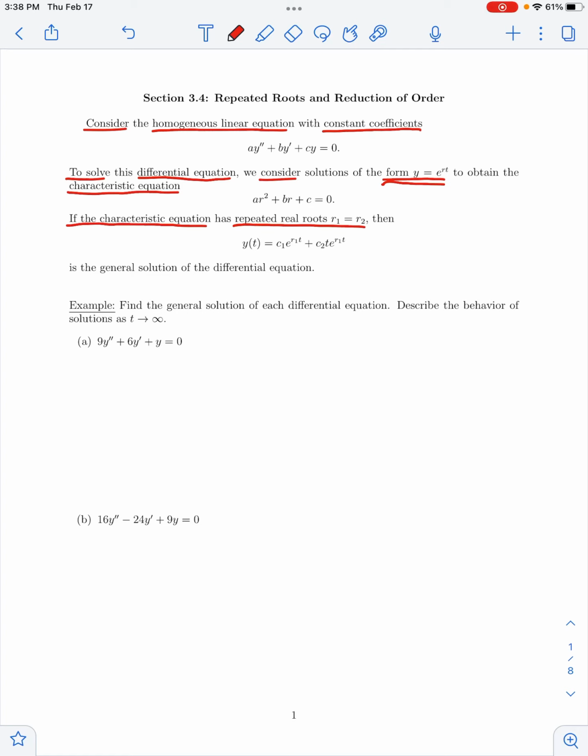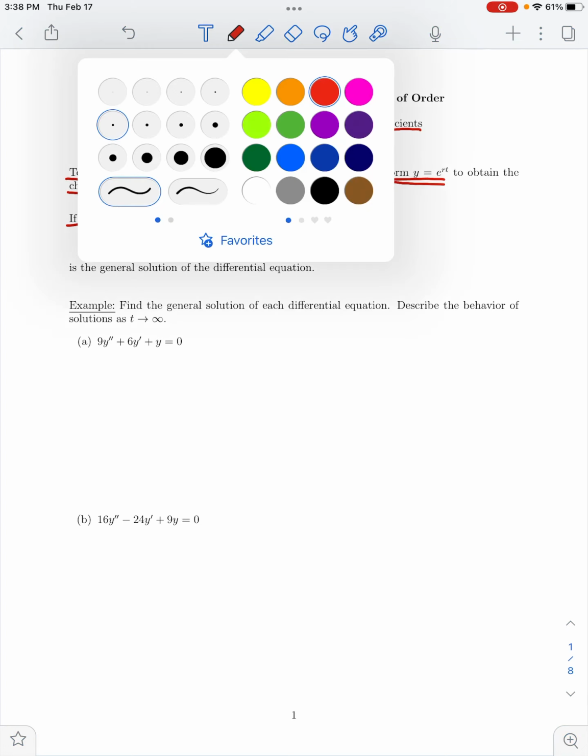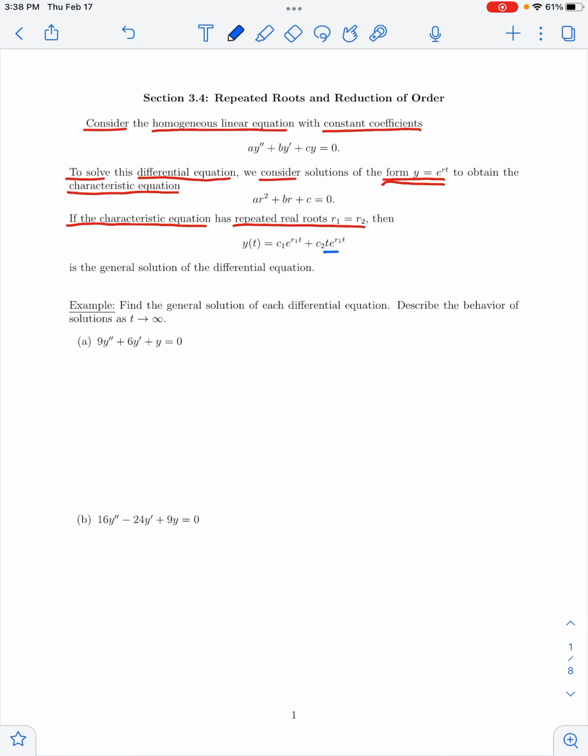A second solution, we will show, is given by t times that same exponential. Our general solution in this case is c1 times e to the r1 t plus c2 times t e to the r1 t. These two solutions form a fundamental set, so our general solution is a linear combination of those two.